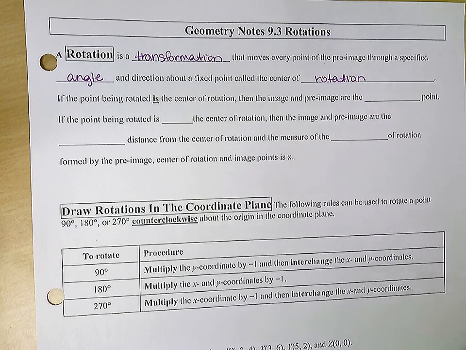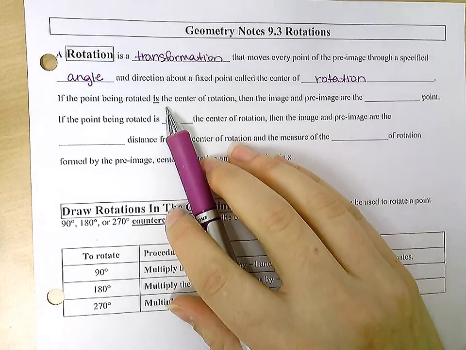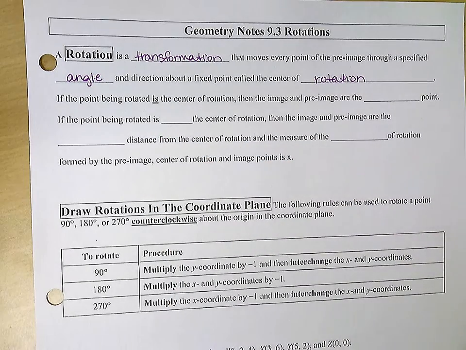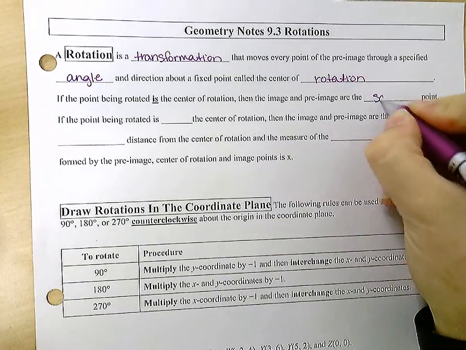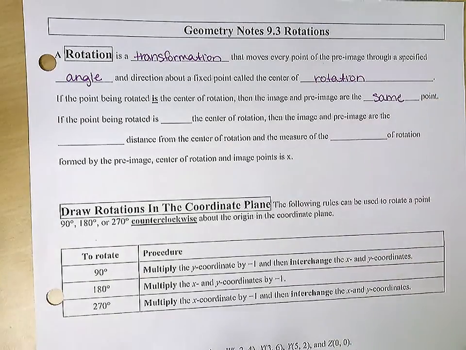If the point being rotated is the center of rotation, then the image and pre-image are the same point. So if you're trying to rotate one point and it's the center of your rotation, it's going to rotate around itself, so it's just going to stay that same point.